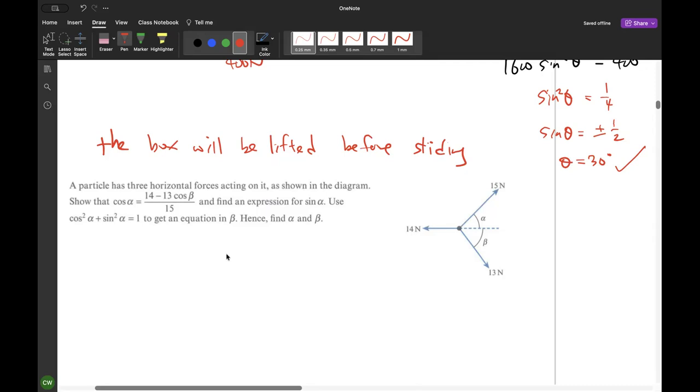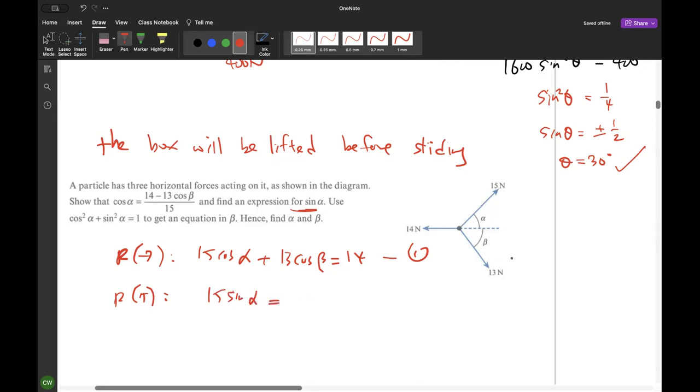Resolve the force. Horizontally, 15 cos α plus 13 cos β is 14. Vertically, 15 sin α is 13 sin β.